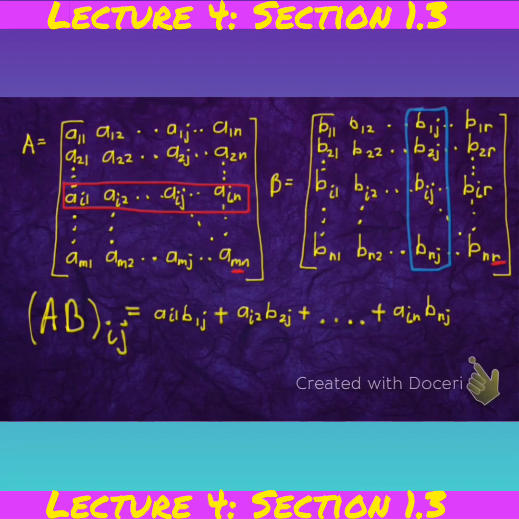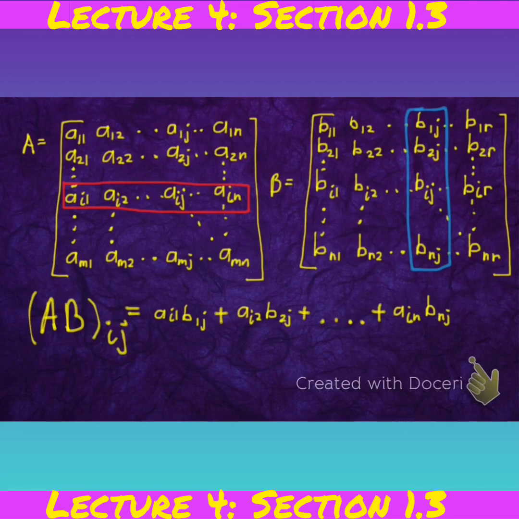Okay, so I just want to make one last notational point. The expression that we used to calculate the entry in the ith row and jth column of A times B, you can see as what is known as a dot product between two vectors.